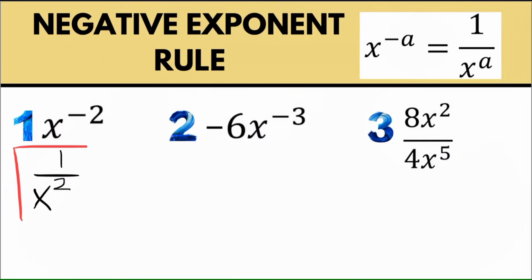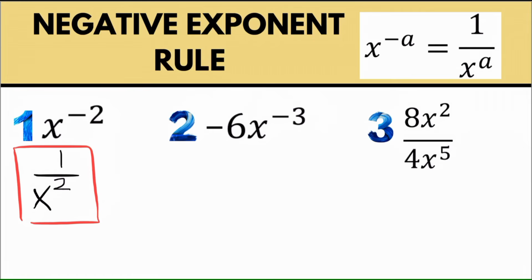You cannot have negative exponents, so this rule helps us simplify our expressions. Number 2, negative 6 x to the negative 3. In this case, the negative 6, I cannot do anything with it because right now, the negative 3 exponent is only applied to the x. So I can only move that x down in my fraction.